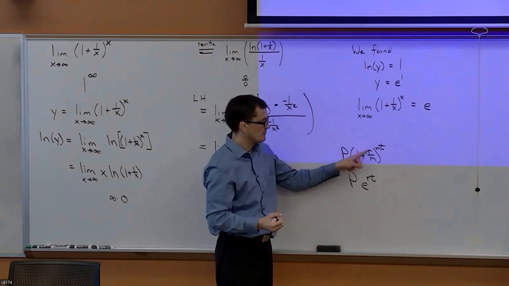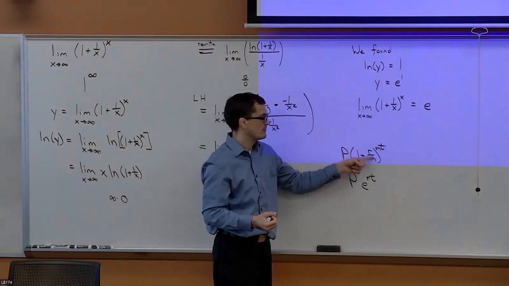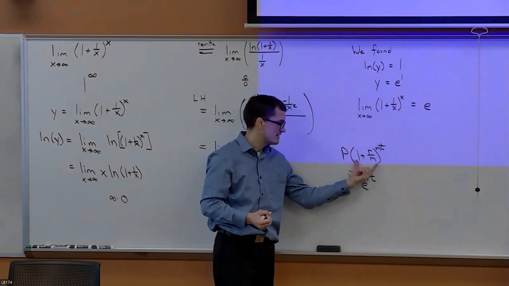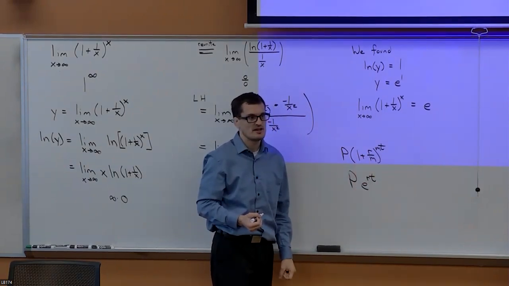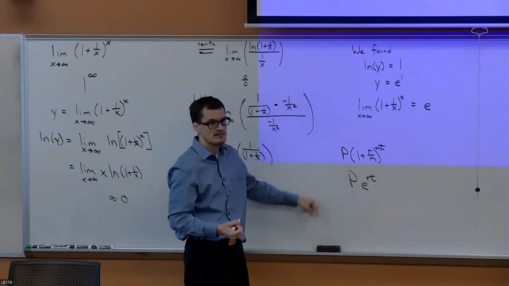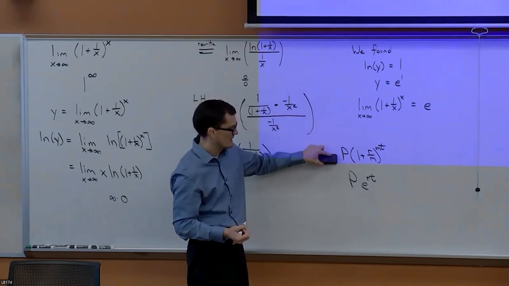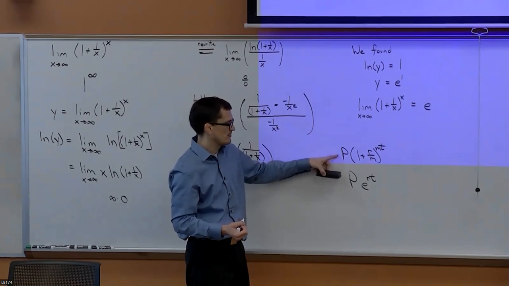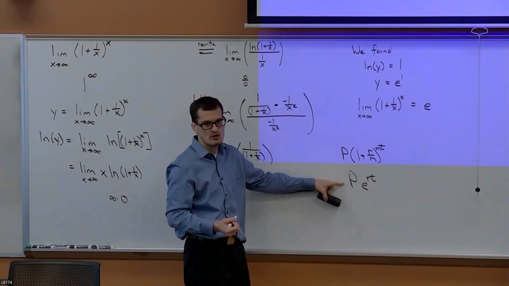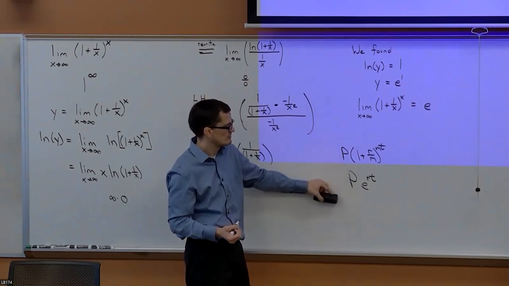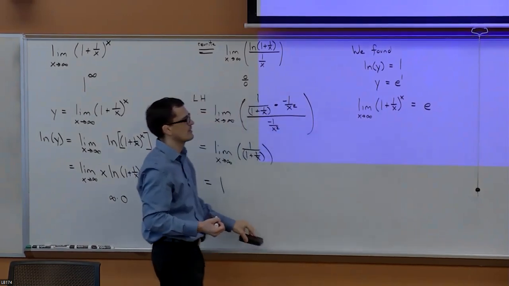Notice it's like 1 plus something over x to the xt. So as m goes to infinity, this piece changes to e to the rt. Okay, and you can use limits to show that if you want. So this is why that happens, compounding interest. M times a year turns into this formula when you compound interest continually. Or continual growth versus growth monthly. Or yearly or quarterly or whatever.